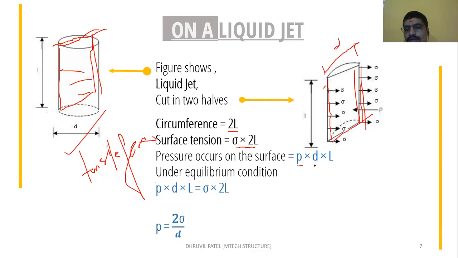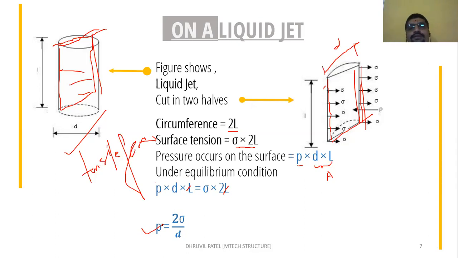So D into L is nothing but the area. Under equilibrium condition, both will be same. So P into D into L equals surface tension into 2L. The L and L will be cut. So the equation is P is equal to 2 sigma by D, and sigma is known as the surface tension.